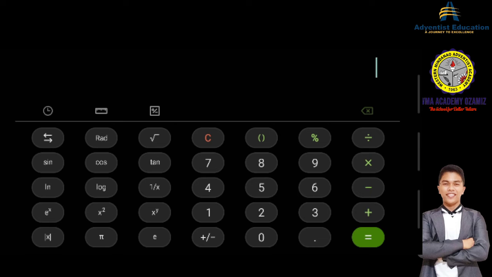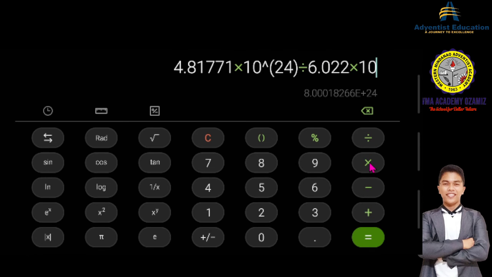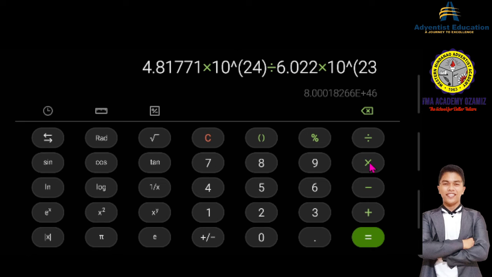Okay, so what we're going to do now is to use our given. 4.81771 times 10 to the power of 24, divided by 6.022 times 10 to the power of 23, which is the Avogadro's number.